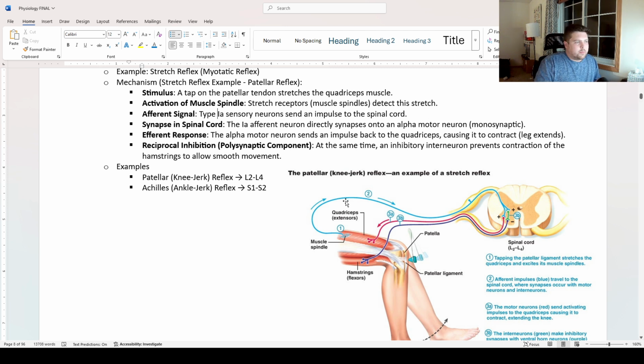And that sends the impulse to the spinal cord. All of our sensory components enter through the dorsal root ganglia. And this type 1A sensory fiber is going to directly synapse with the alpha motor neuron, specifically the alpha motor neuron for the quadriceps.